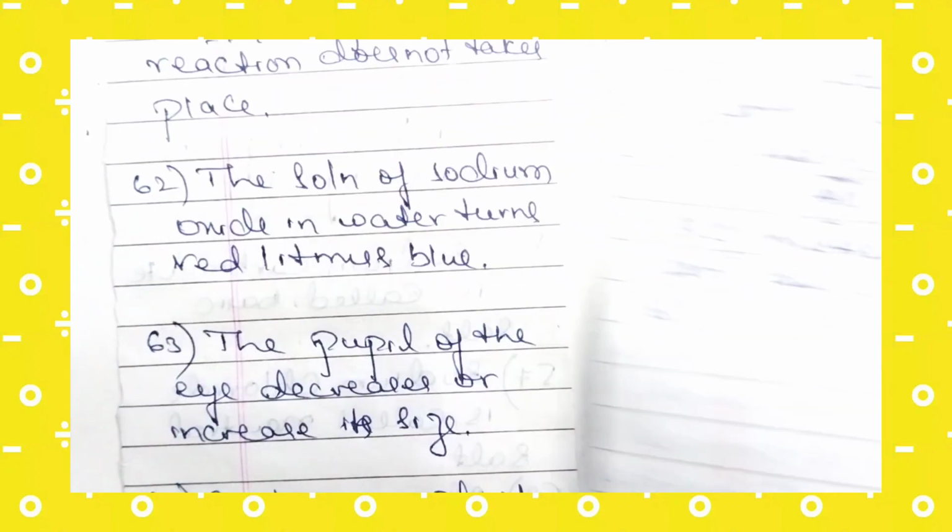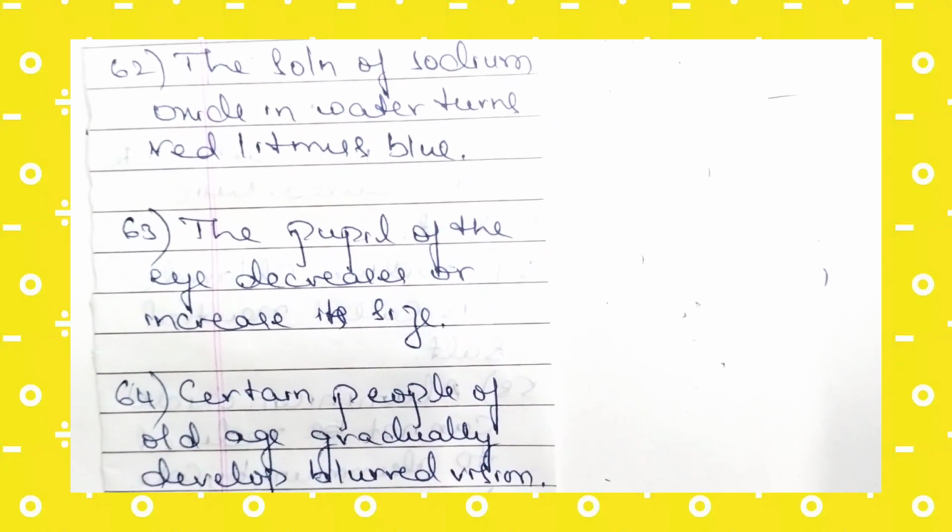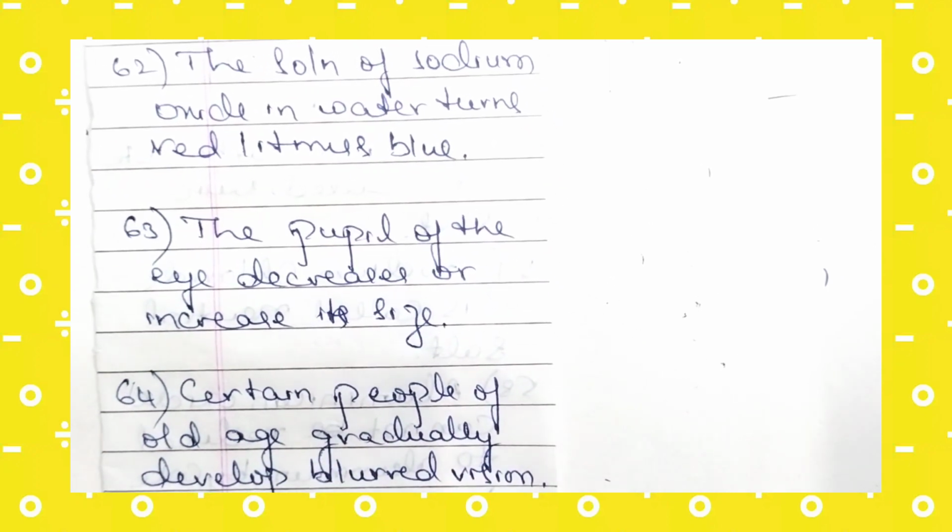So now let us move for question number 63. So 63rd, let us see what it is. That the pupil of eye decreases or increases its size. So the pupil increases and decreases its size. If you ask why, let us answer this question.